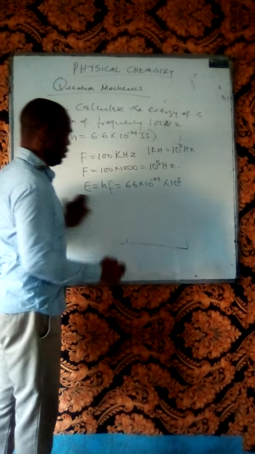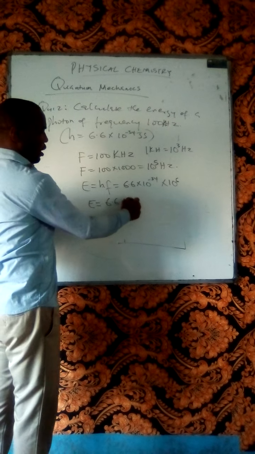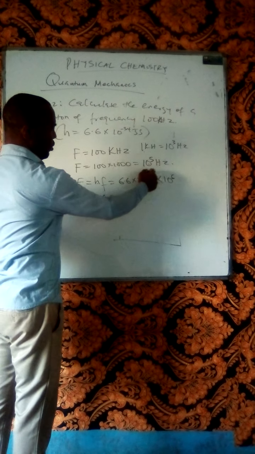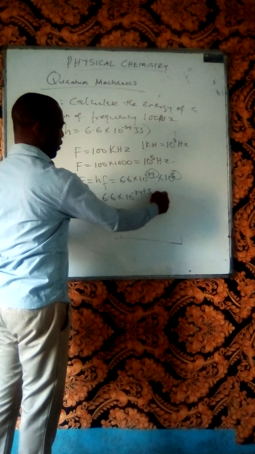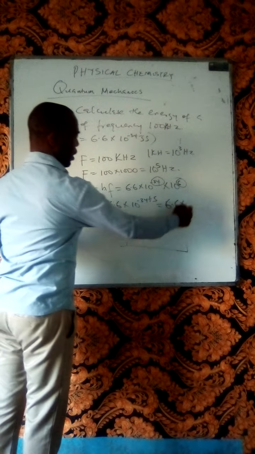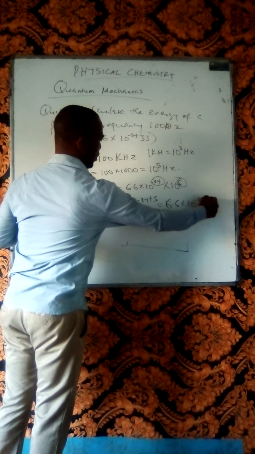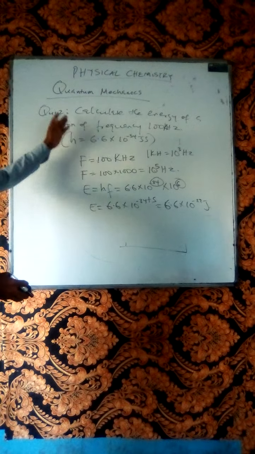When we solve this, applying the law of indices on these two exponents, adding them together, we now have 6.6 times 10 to the power minus 29 joules as the energy of the photon. So the working is clear.